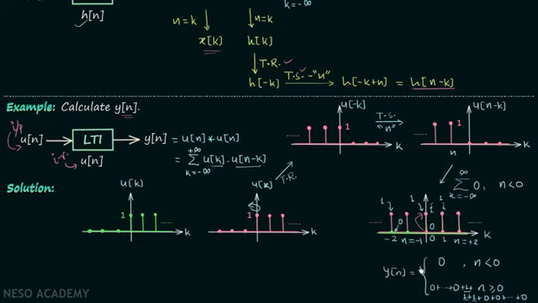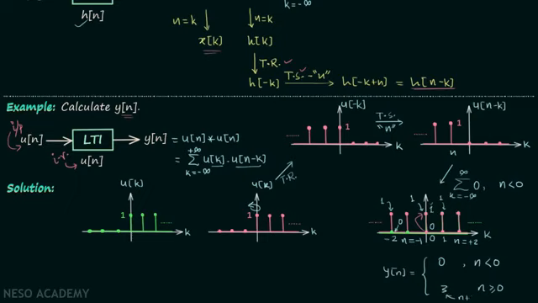So I will write down 3 as the output y[n] when n is equal to 2. So we are having 3 when n is equal to 2, and from here we can say that y[n] is equal to n plus 1 because n is 2 and we are getting 3. So 2 plus 1 is 3.